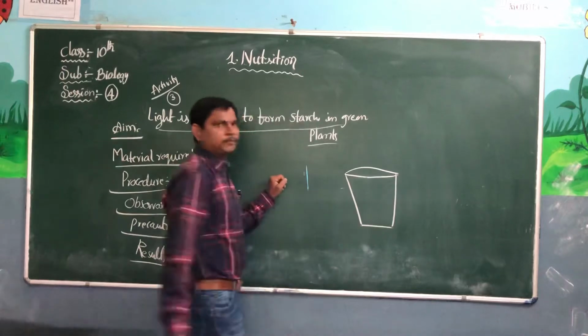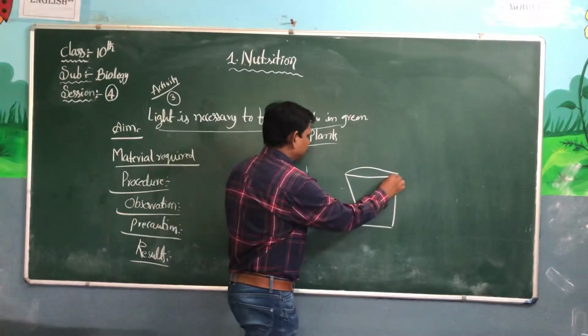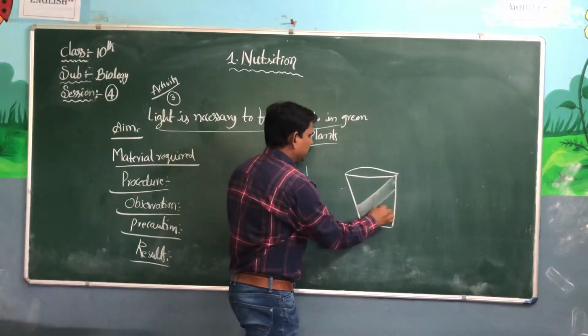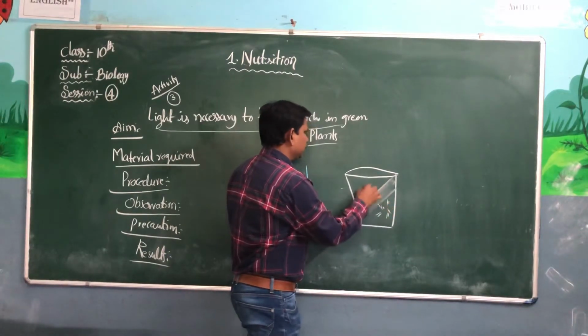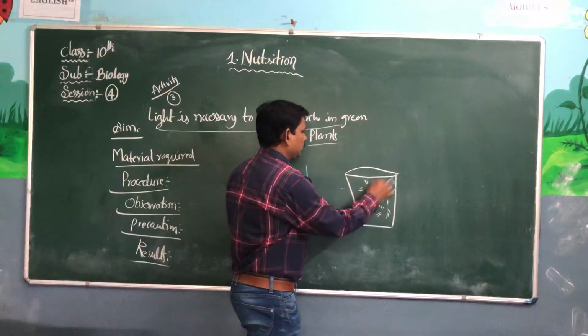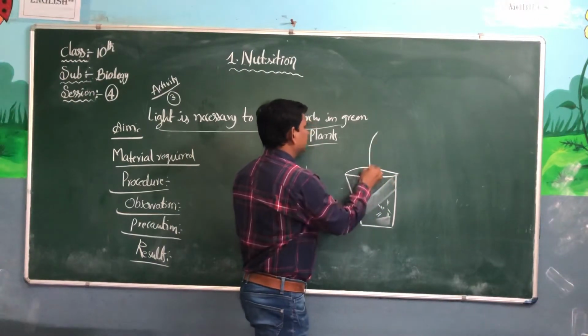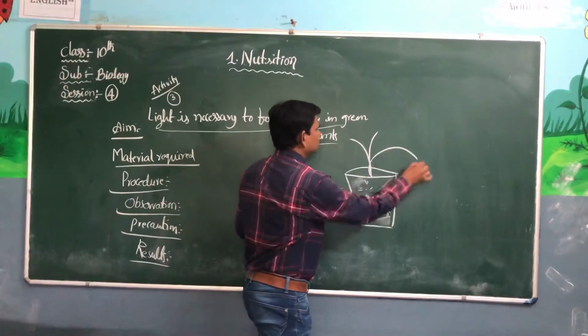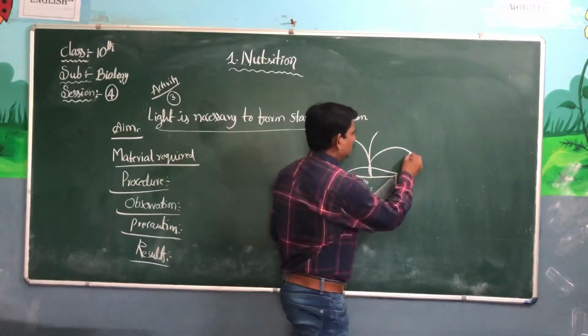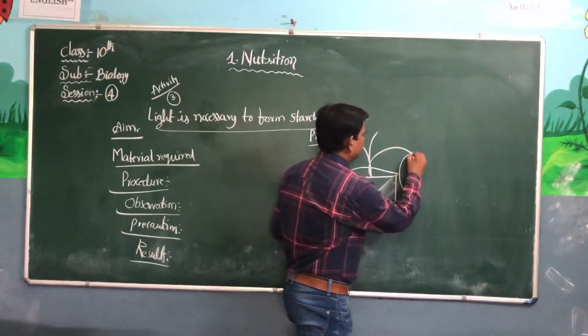Take one healthy potted plant. Select one narrow and big leaf.